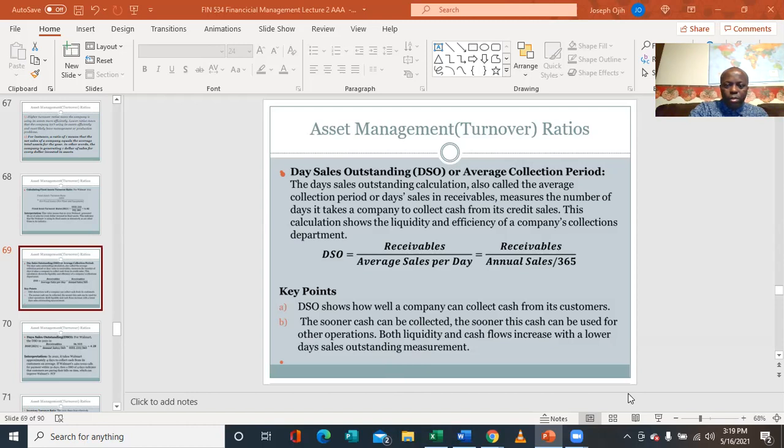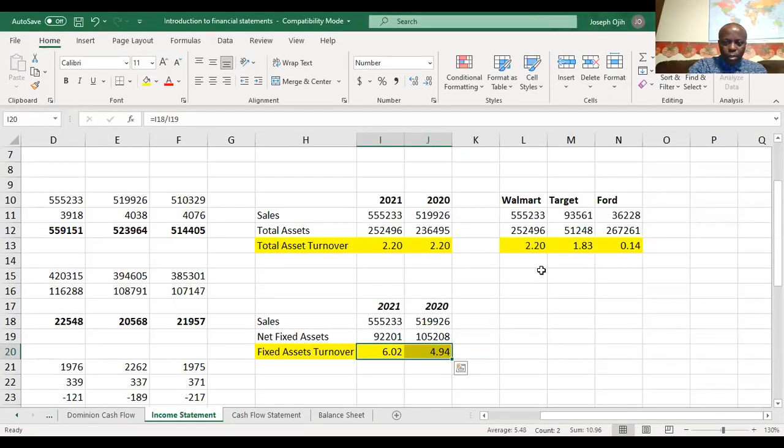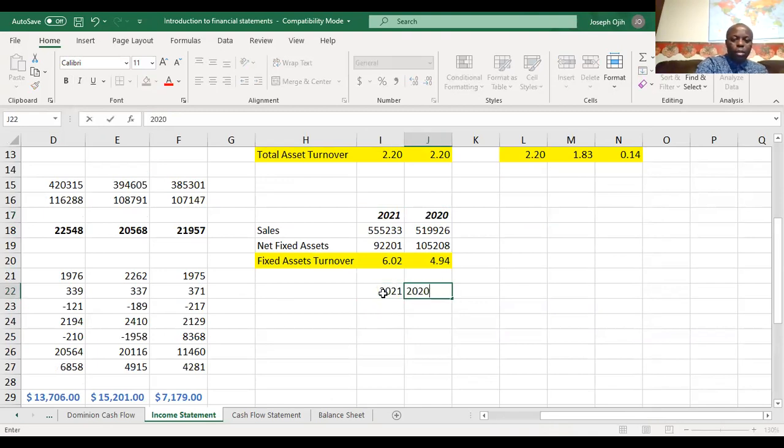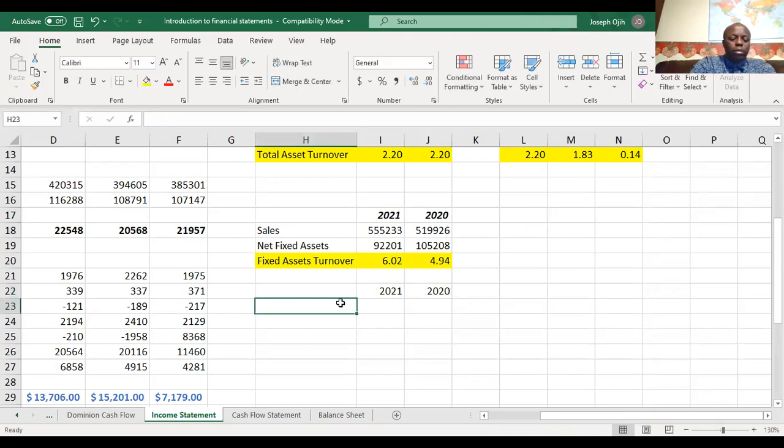Receivables. I'll put this here. Okay, 2021, then 2020. So we have receivables.